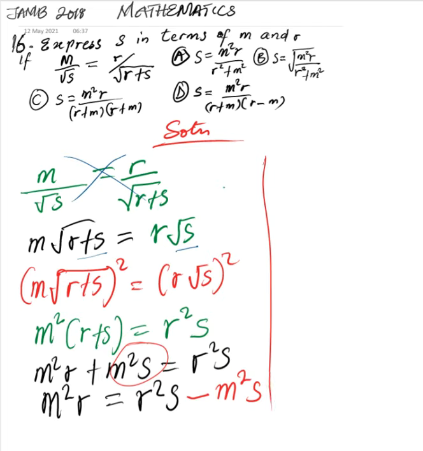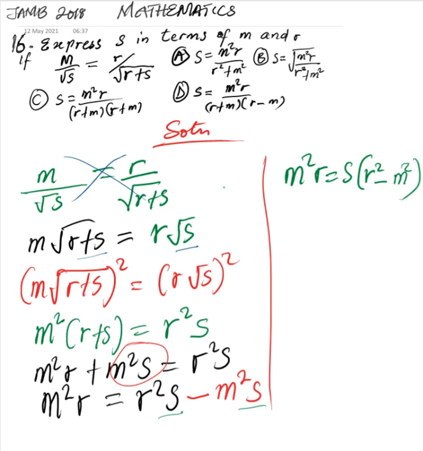Alright, so we're going to factor out S here. So we have M squared R equal to, if S is taken out, what is left here will be R squared, and what is left here is M squared. Correct.